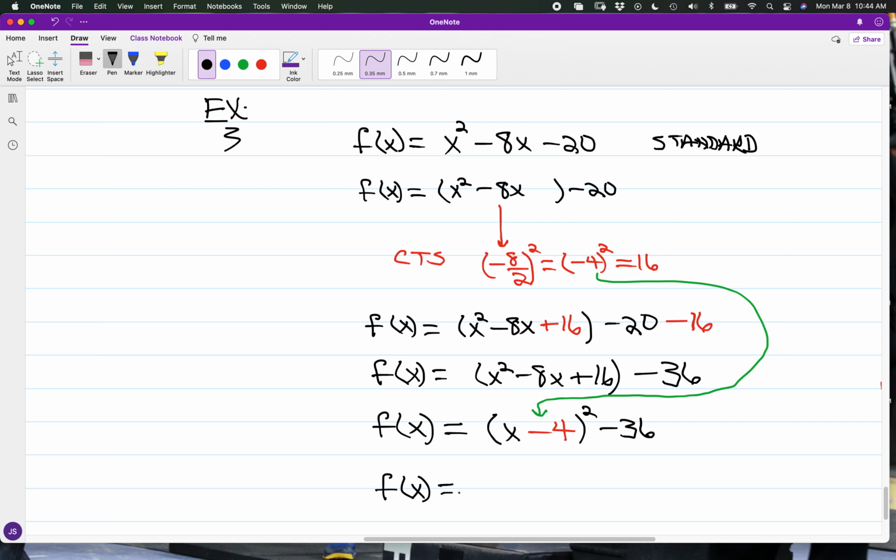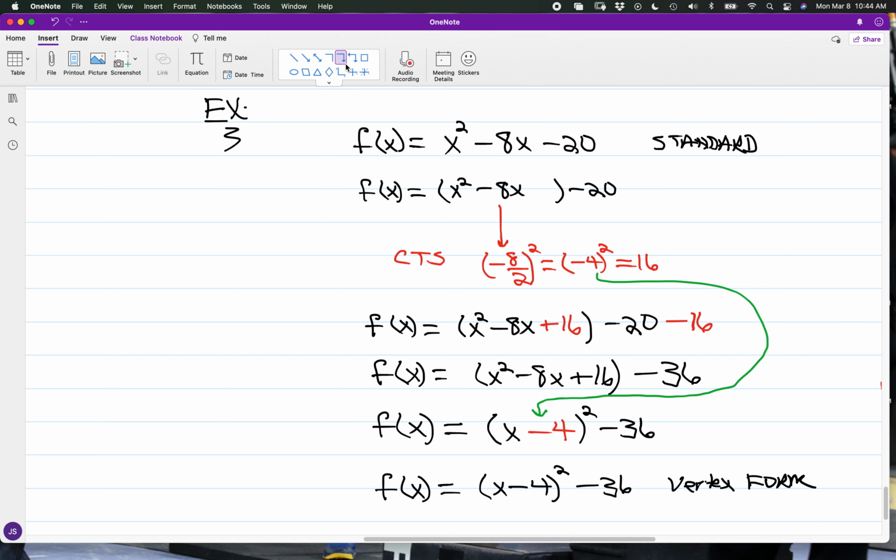So we're going to have f of x is equal to the square of x minus 4 minus 36.